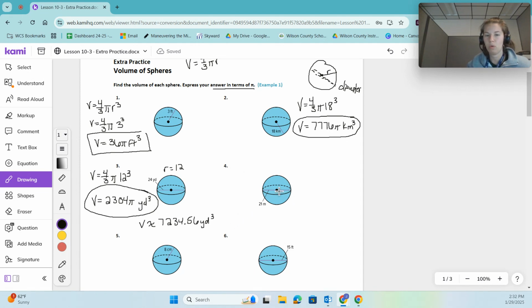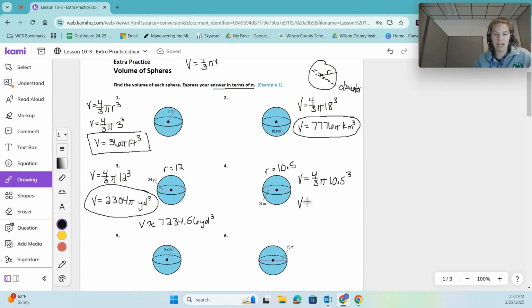Number 4 here also gives us diameter, so my radius is going to be 10.5. So I'm going to use that same formula, 4/3 pi times 10.5 cubed, 10.5 cubed times 4/3.